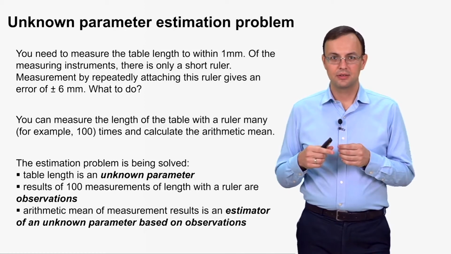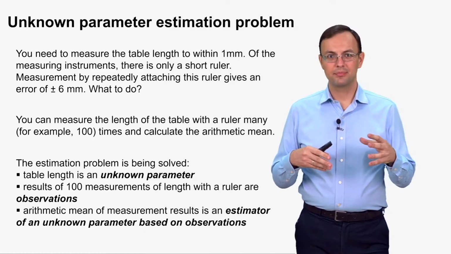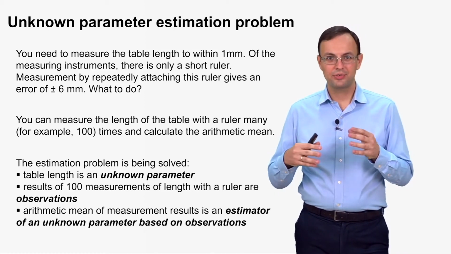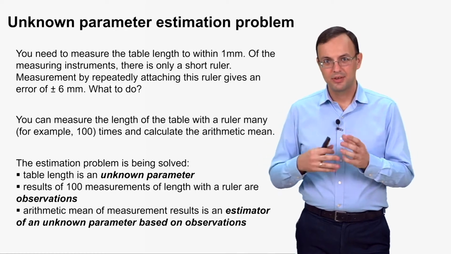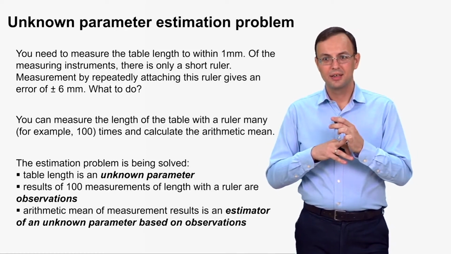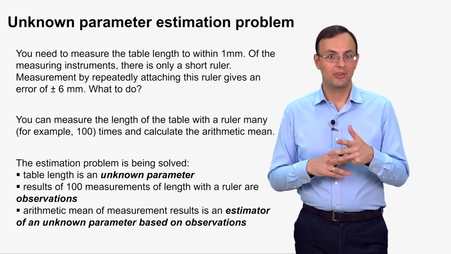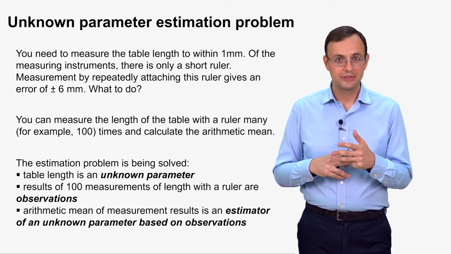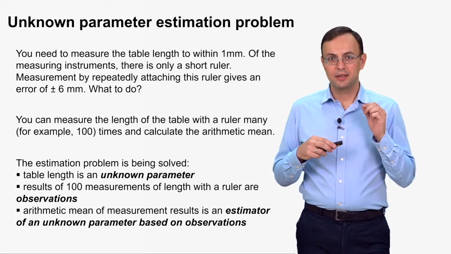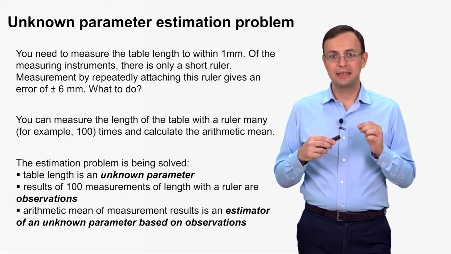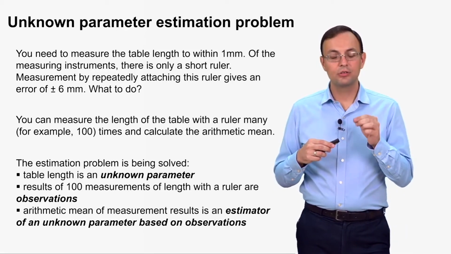And in this problem, there are, how to say, three characters. The first one is the unknown parameter. In our example, the table length is an unknown parameter. And you should know that it is non-random.